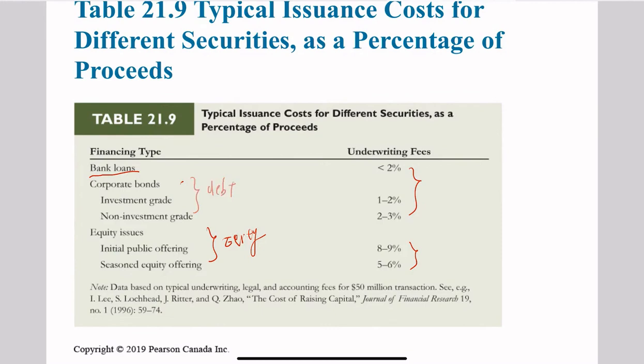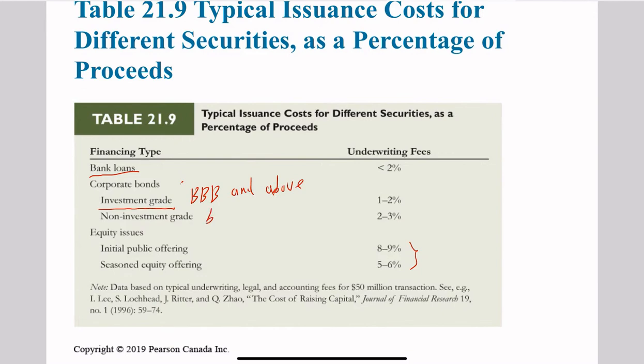Depending on the type of debt, you could have different underwriting fees. For example, if you're issuing investment grade, that is high quality debt, remember, if your debt has a rating of BBB and above, then this is considered an investment grade corporate bond, and your fee would be 1 to 2%.